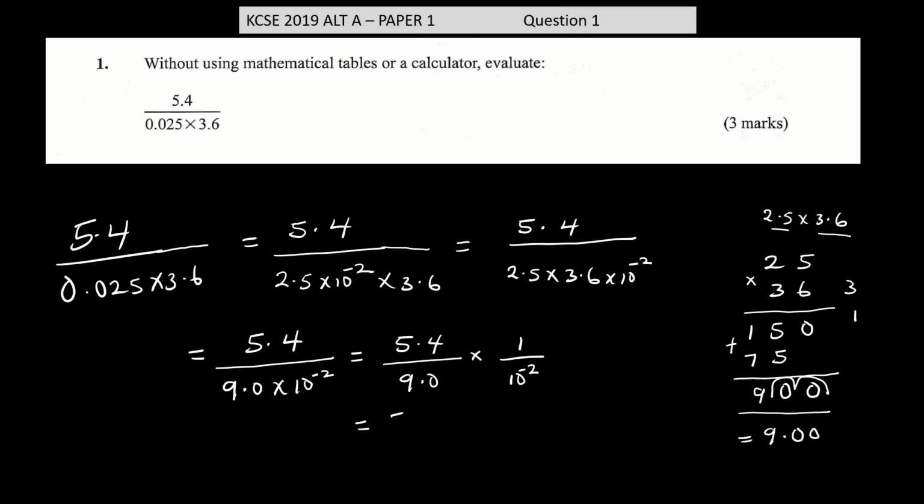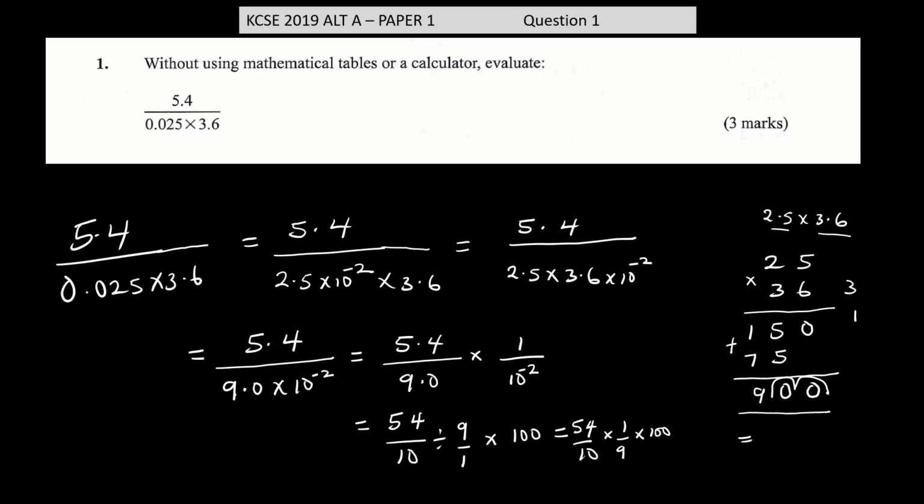It will now become 54 over 10 divided by 9.0, that is also 9 over 1, times 1 over 10 to the power of negative 2, which is 100. And this also equals 54 over 10 times 1 over 9 times 100.